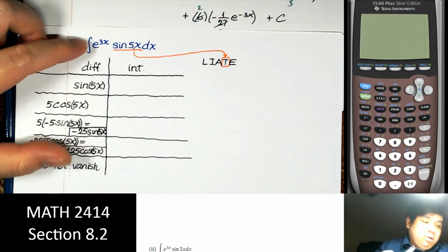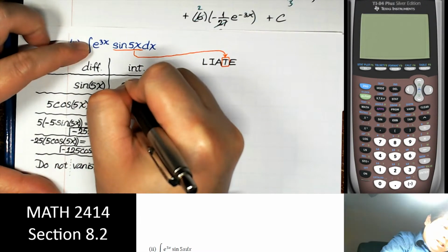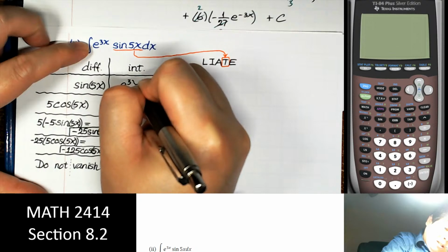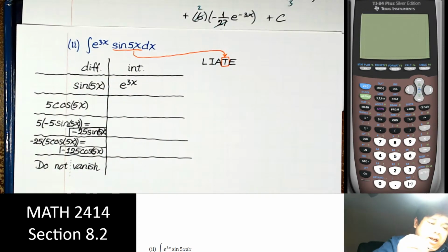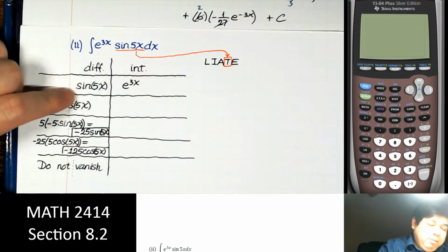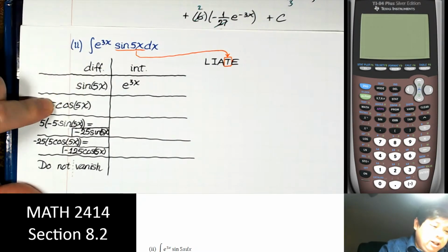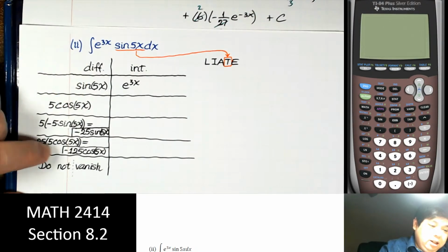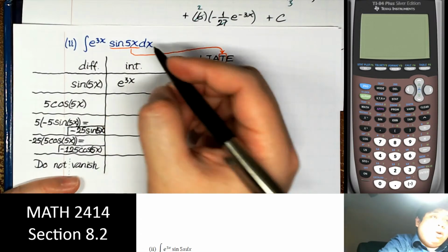Right, now integrate is e to the 3x. So derivative is where we multiply by the constant k, and integrate is where we divide.